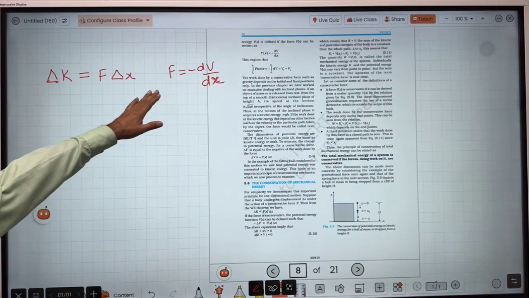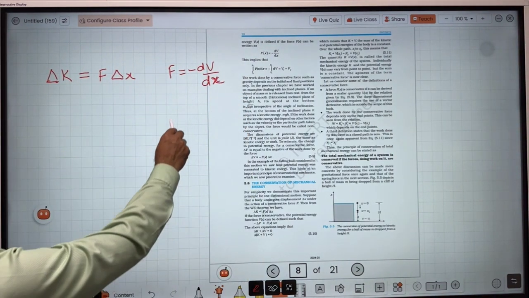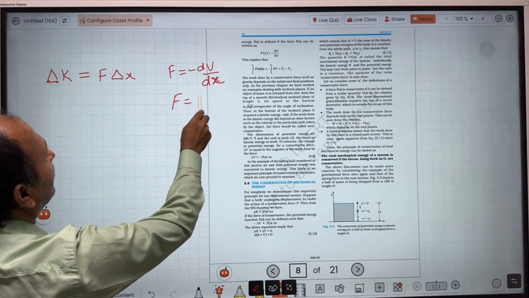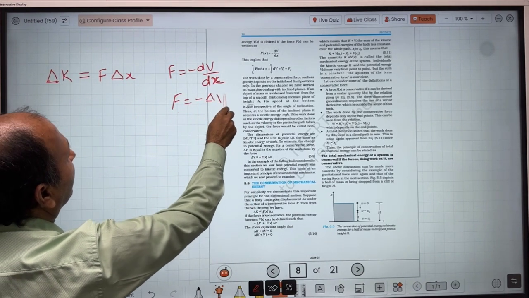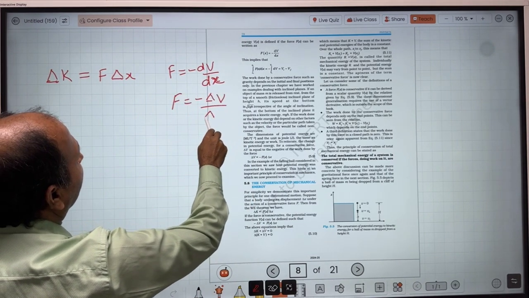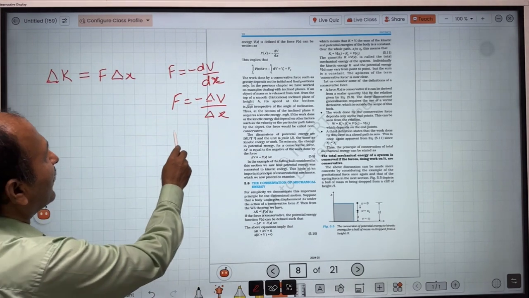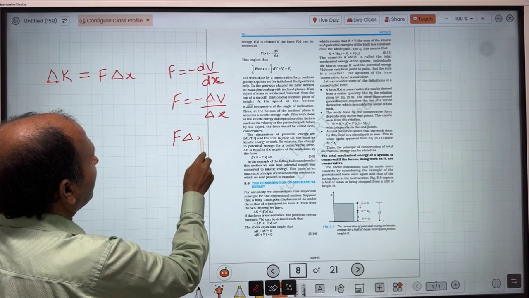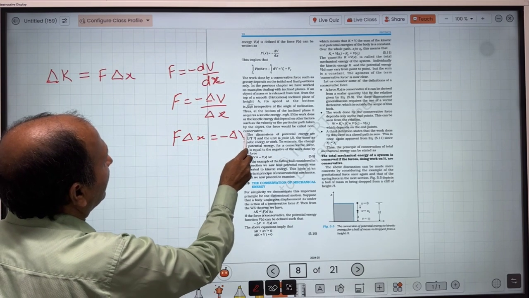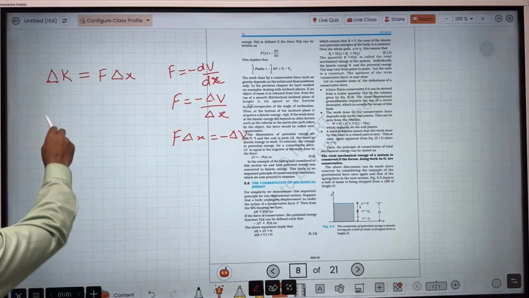So F equals minus dV upon dx, or you can also write F equals minus delta V divided by delta x. If you cross multiply, what do you get? F delta x equals minus delta V. You write this value here.